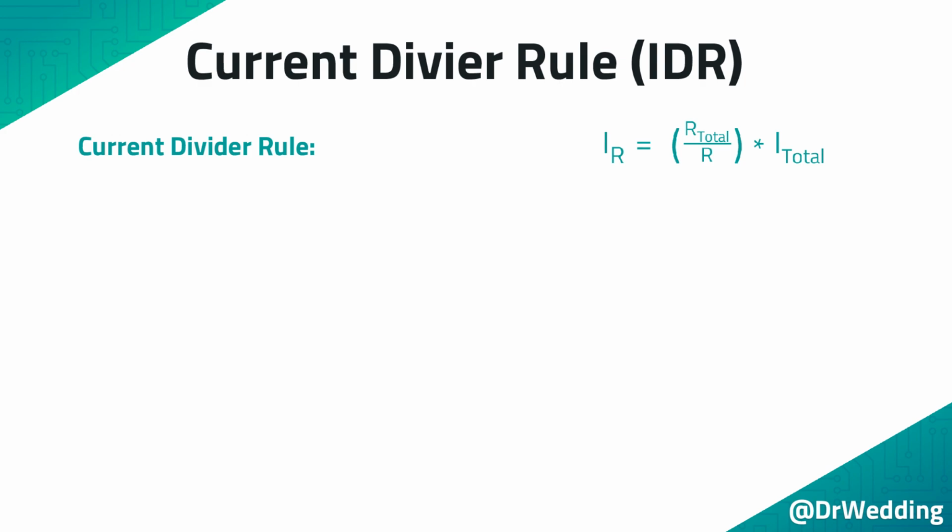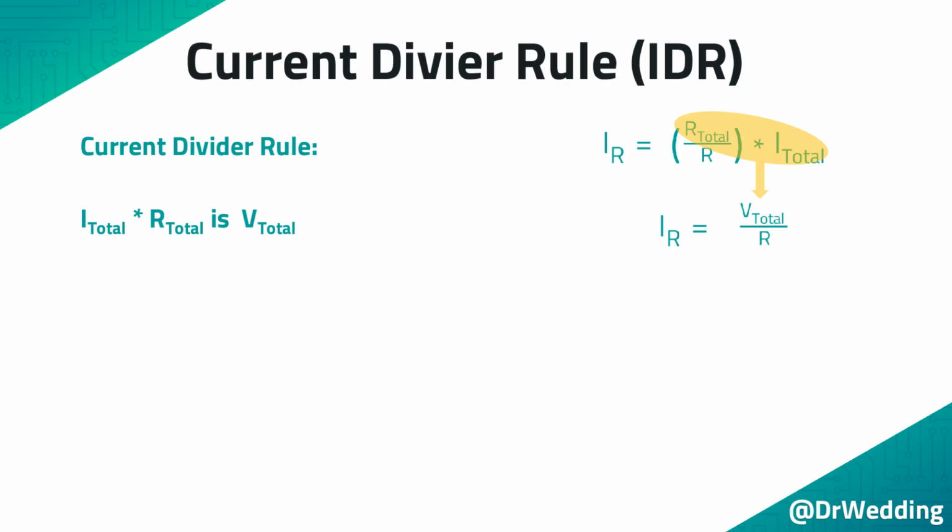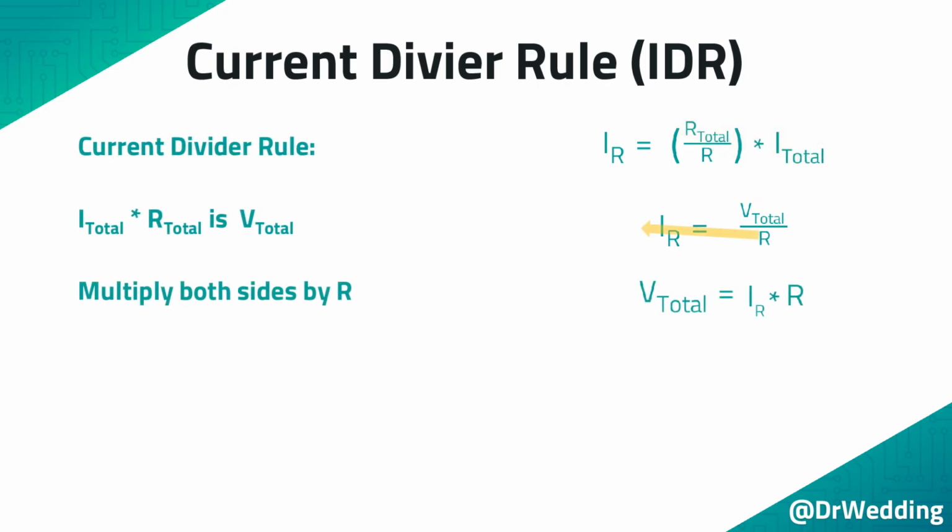Here is an explanation of why this is Ohm's law and why it only works for a parallel circuit. Start with the current divider rule. You can combine the total resistance and the total current to get the total voltage. By multiplying both sides by R and rearranging the equation, you get V total equals the current through the resistor times the resistor.